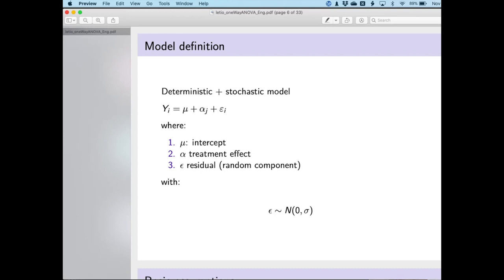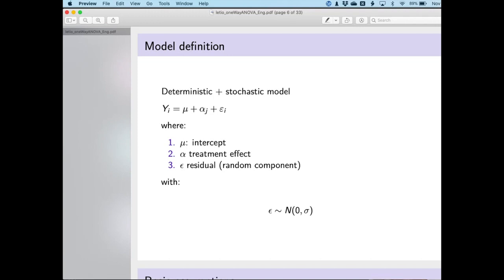Okay? Then we have a second component, which is very interesting, because it's the effect of treatments. That is something which is added or subtracted from the overall mean. So there will be some treatments which will give a higher value with respect to the overall mean, and other treatments which will give a lower value with respect to the overall mean.